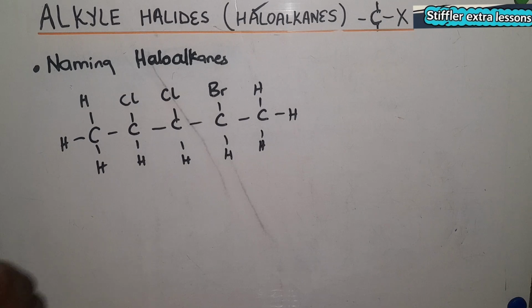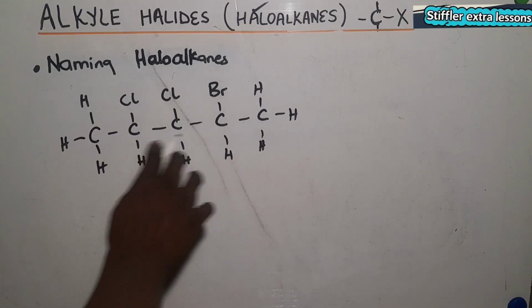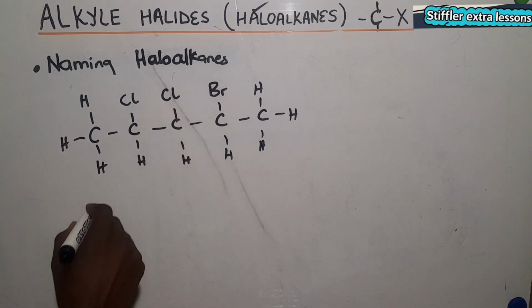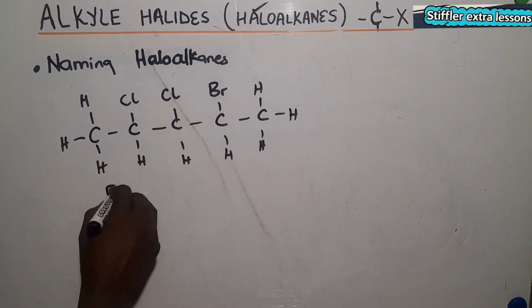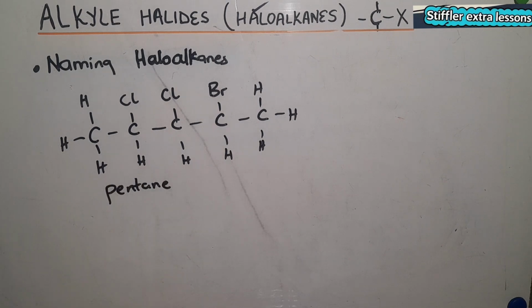So first step, we said we identify the longest chain. The longest chain is just this chain with 1, 2, 3, 4, 5 carbons. So 5 carbons, it's a pentane, right? So what's the next step? The next step, we identify our halogens.